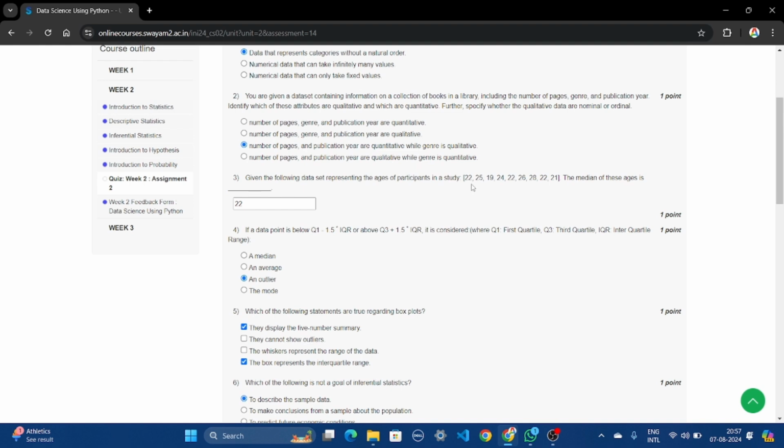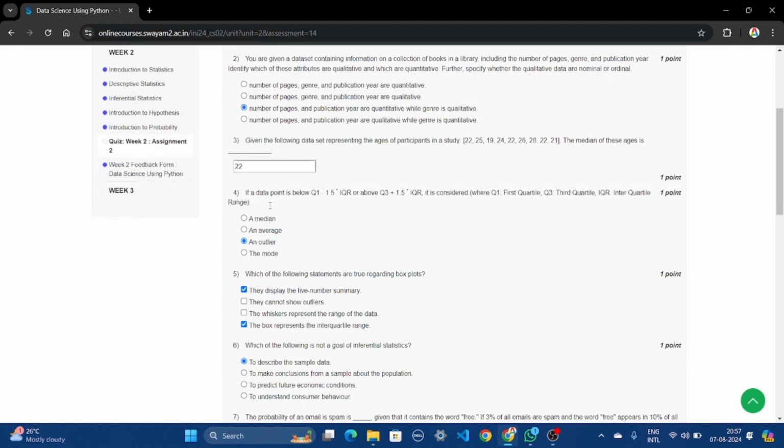So 9 by 2 will give 4.5. When we round it, we have the answer as 4, and we'll add plus 1 to it. So the fifth value will be our median. So here 22 will be our median.